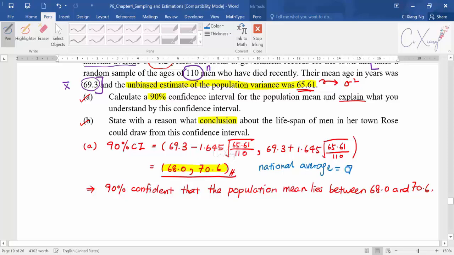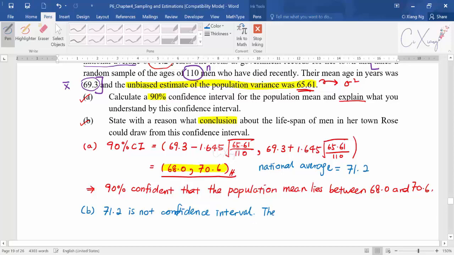So the population mean is 71.2. Okay, so is this value in the interval or not? You realize that it is not in the interval, right? So what you can write is: the 71.2 is not in the confidence interval. Okay, so you can write what's the meaning.